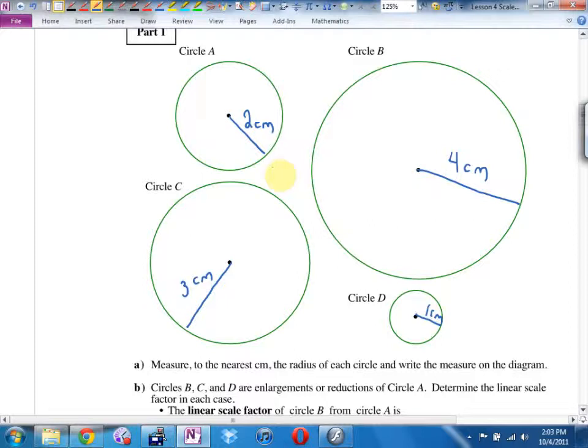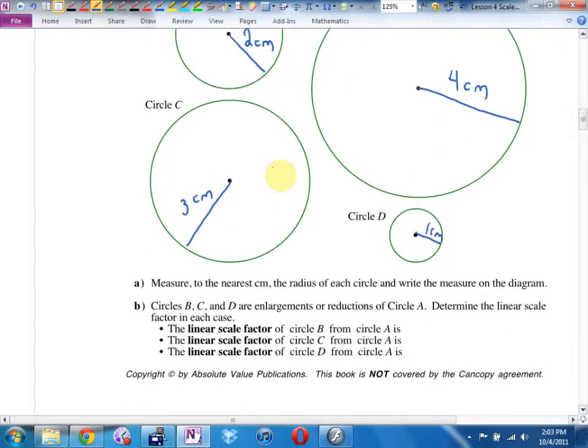Now, we want to look at the perimeter. First of all, what's the linear scale factor of circle B from circle A? Let's see. Circle A is 2, circle B is 4. That's a 1 to 2 enlargement. It's a 1 to 2 scale factor.